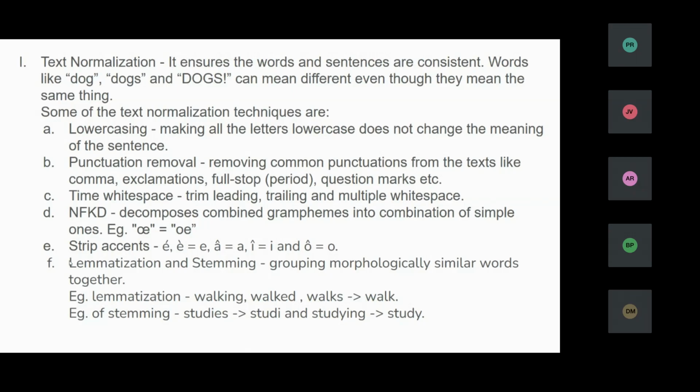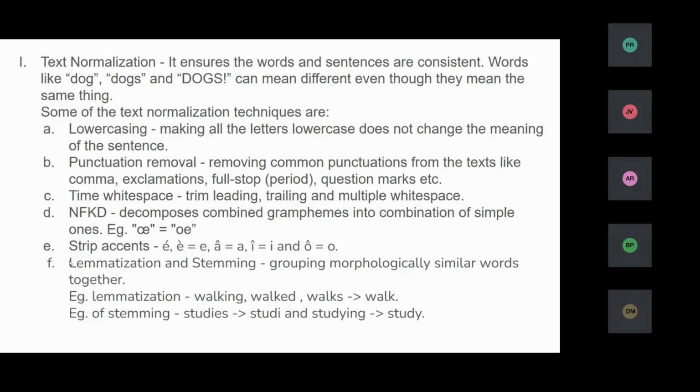Text normalization ensures the words and sentences are consistent. Words like dog, dogs, and dogs with an exclamation mark can be treated as different even though they mean the same thing. Some of the text normalization techniques are lowercasing, which means making all the letters lowercase and does not change the meaning of the sentence.